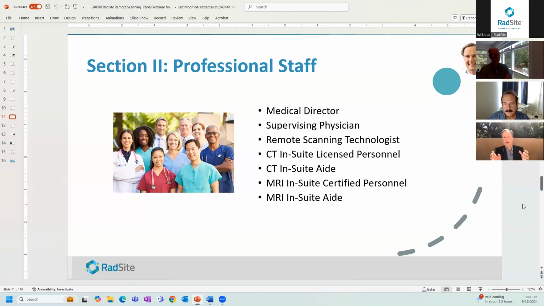Everyone plays their part on this team, including the medical director at the site, responsible for overall policies and procedures, the specific supervising physician overseeing the scan at hand, the scanning technologist, and the in-suite on-site personnel who assist.